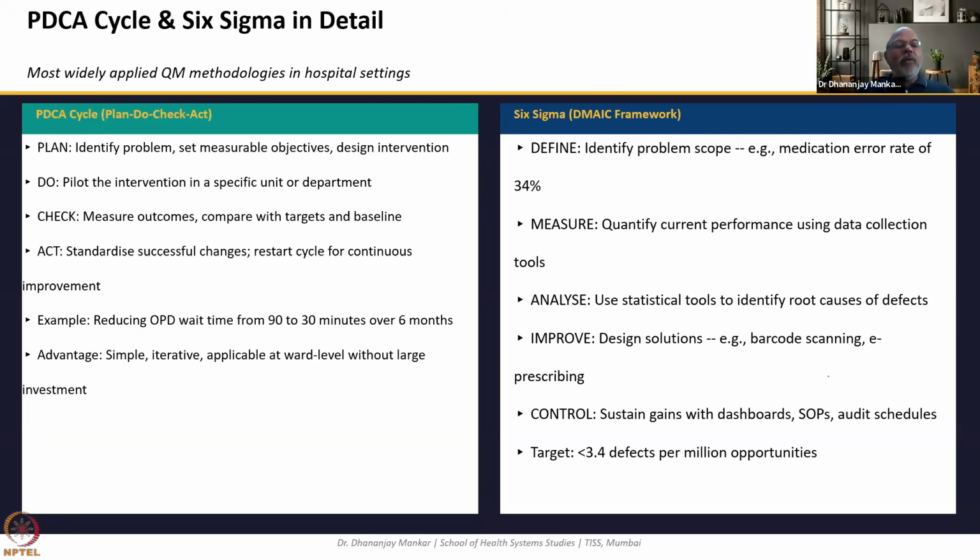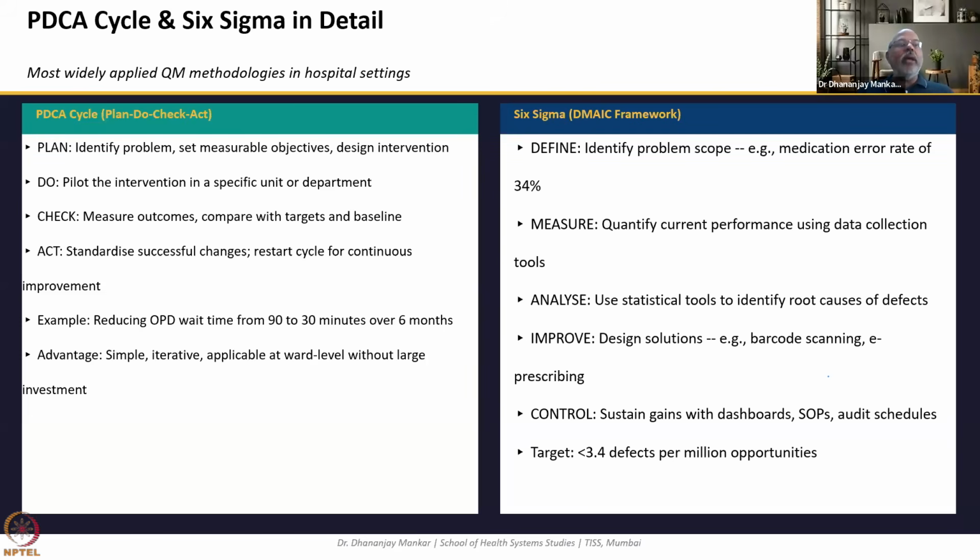I can give an example for this particular hospital. If you reduce the OPD waiting time from 90 to 30 minutes over 6 months, you may find that slowly the hospital will come into a very standardized OPD time reduction, and the hospital will ultimately see the results.